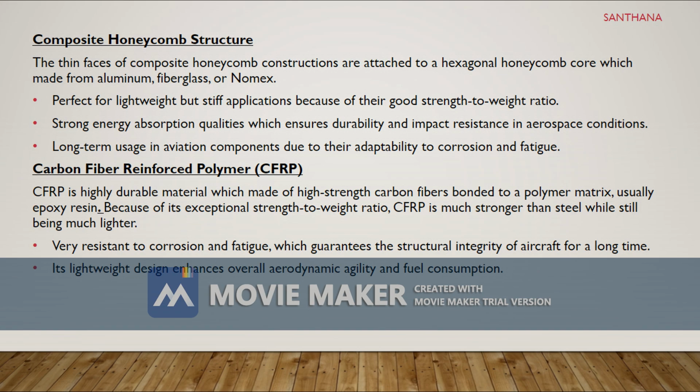It's also highly resistant to corrosion and fatigue, which helps maintain an aircraft's structural integrity over time. And since it's so lightweight, it also improves aerodynamics and reduces fuel consumption, which makes it a game changer in aerospace engineering. These composite materials have transformed modern aircraft, making them stronger, lighter, and more efficient. And that's why they are important in the aerospace industry today.